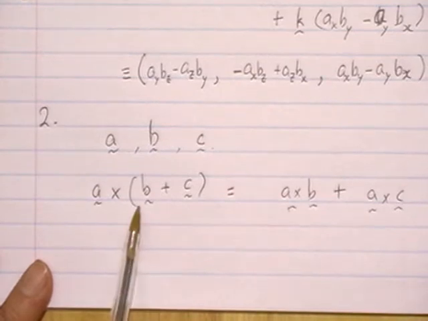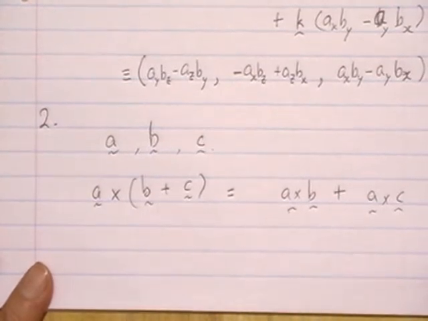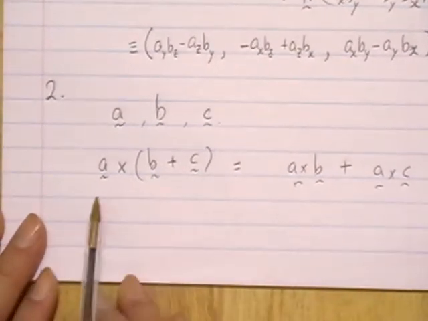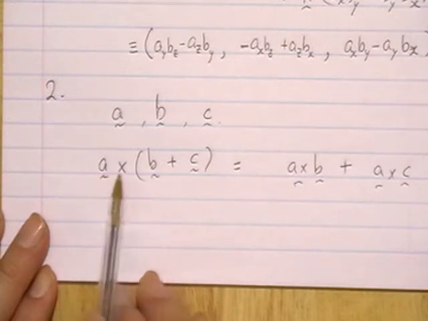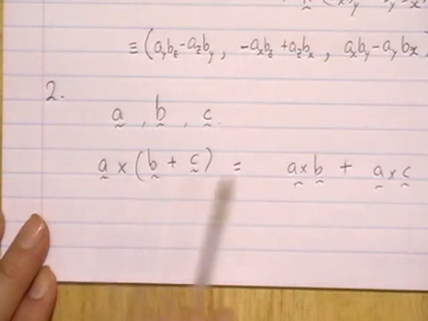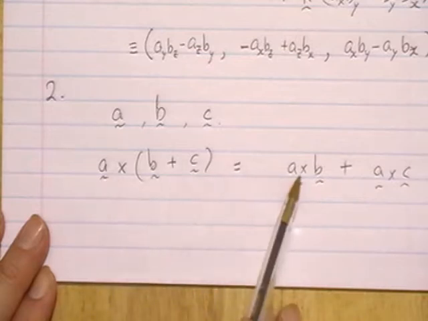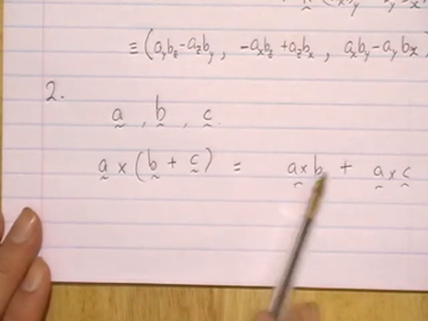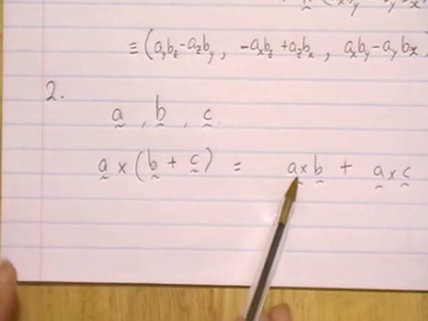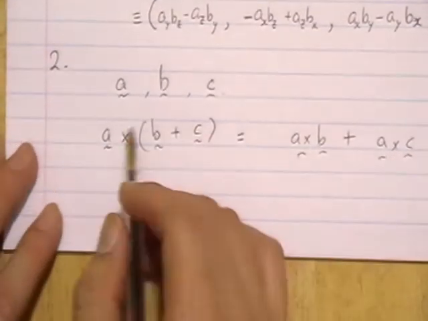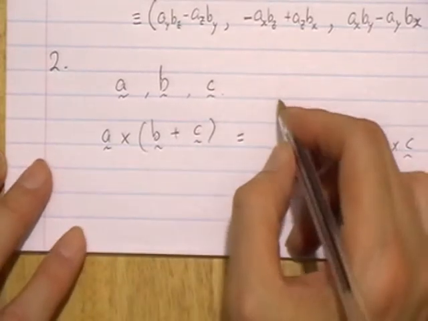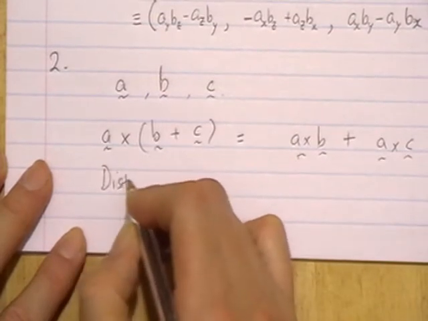But this property does have the same name that is used for the simpler case if A and B are just numbers, because A, after doing this operation, clearly becomes distributed to both B and C. That means it is as if each of B and C gets its share of the vector A. Because of this feature, this property is called the distributive law.